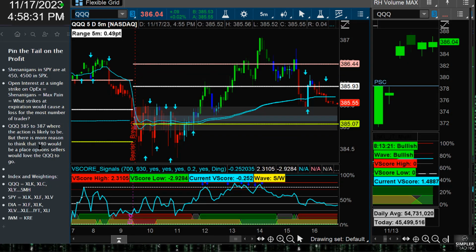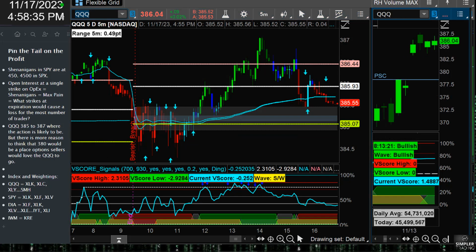So with QQQ, we had to get out of our November 17 calls. These are about a 3x winner that we entered on November 9 with the 17 expiration. All right, so really nice move from there. But you might say, okay, Rog, how do I know where I'm getting either too greedy or I'm getting a little bit better price improvement?